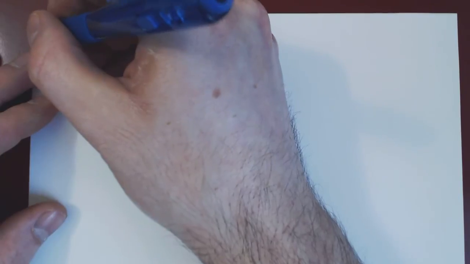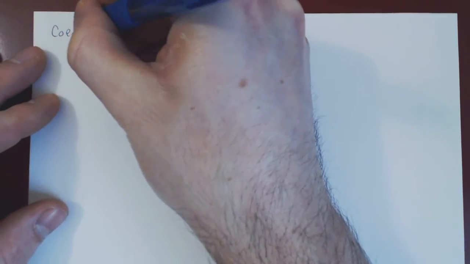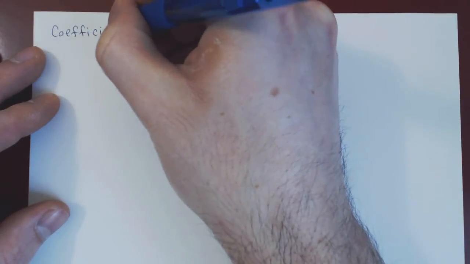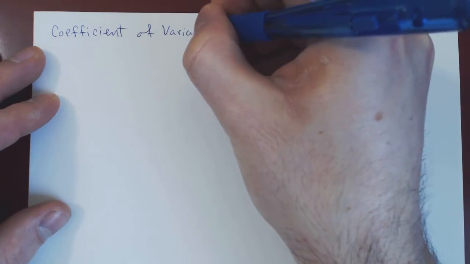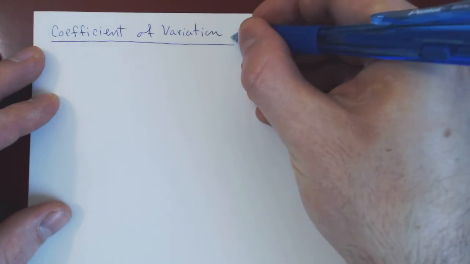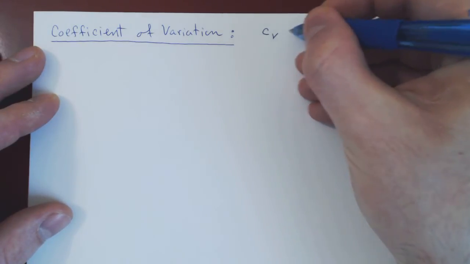And this is called the coefficient of variation. We denote this by CV for coefficient of variation.